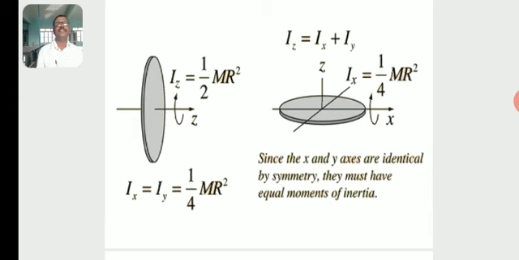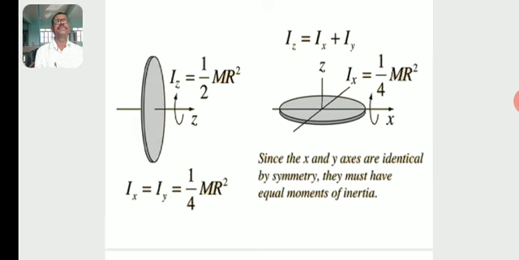The moment of inertia of a body about an axis must be equal to the sum of the moments of inertia of the body about two axes which are mutually perpendicular to each other and also perpendicular to that axis and lie in the plane of the body. So Iz is equal to Ix plus Iy.